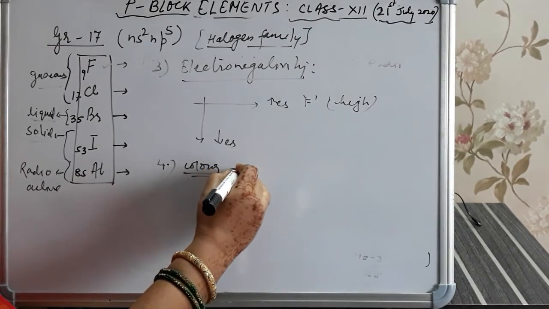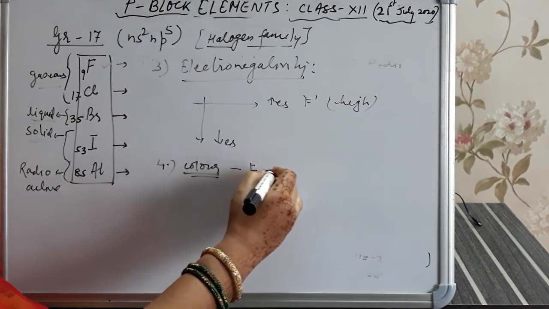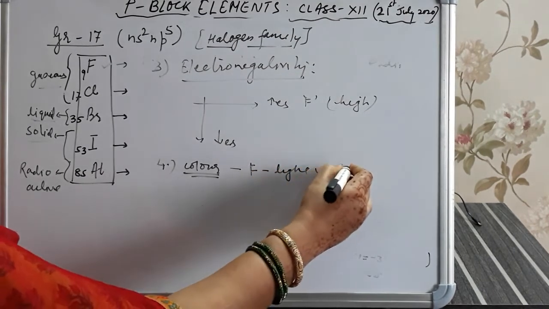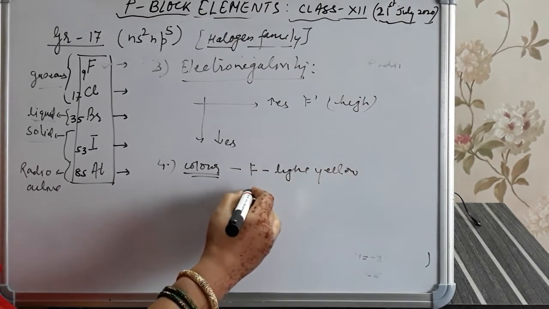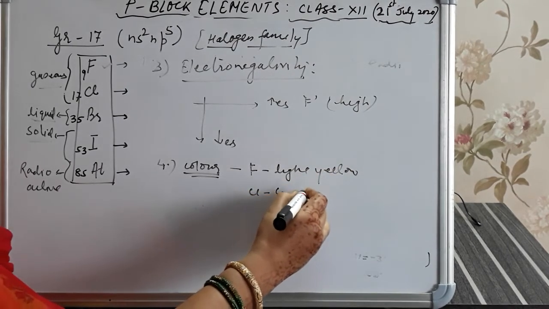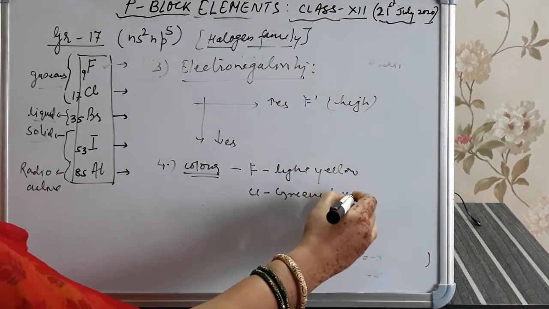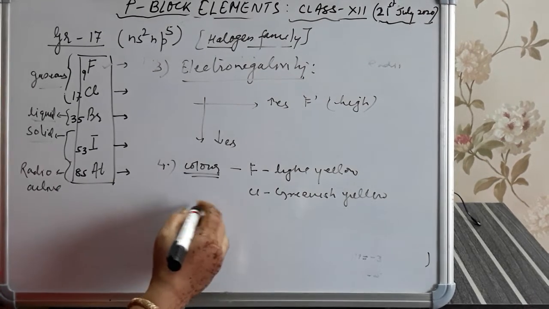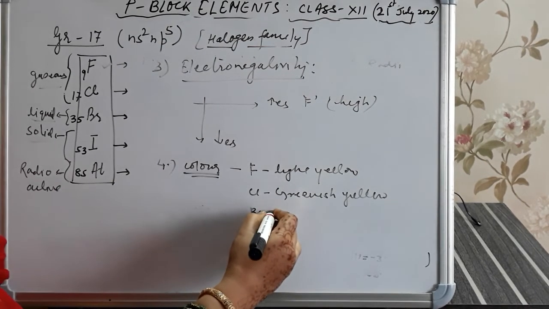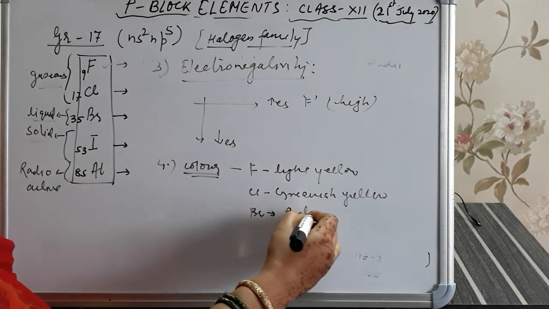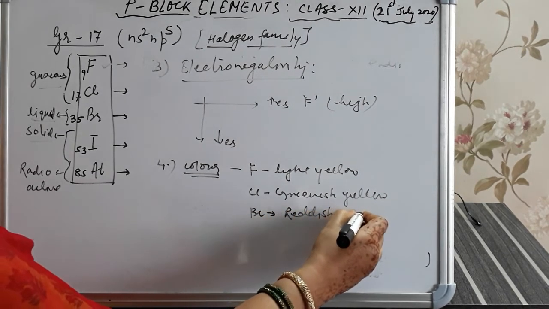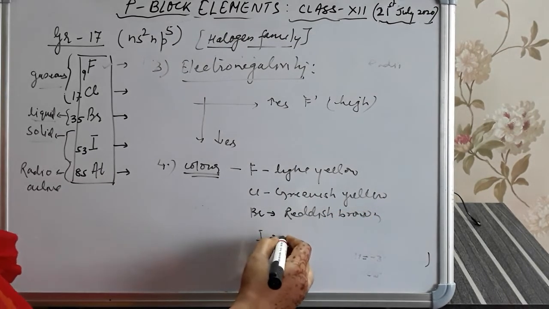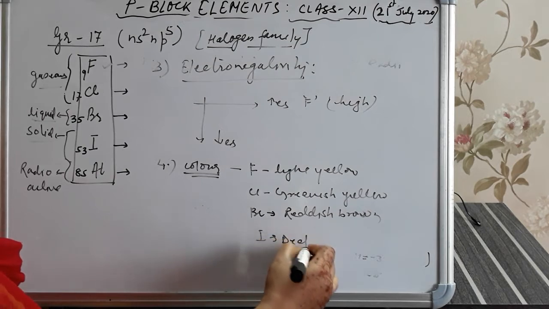So fluorine gives light yellow, and chlorine gives greenish yellow, bromine gives reddish brown, and iodine gives violet, deep violet.